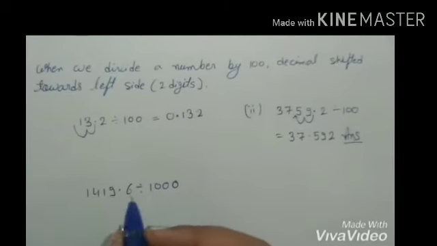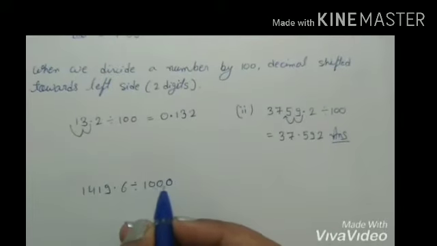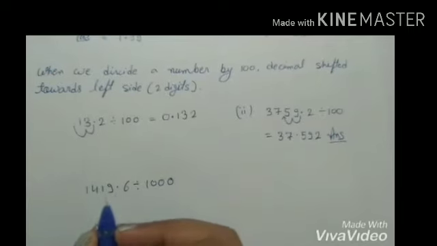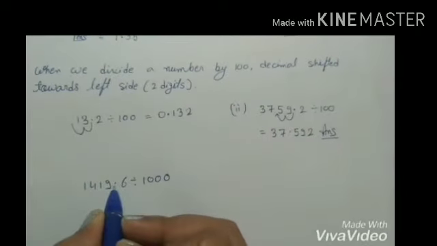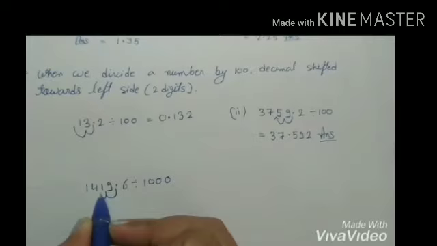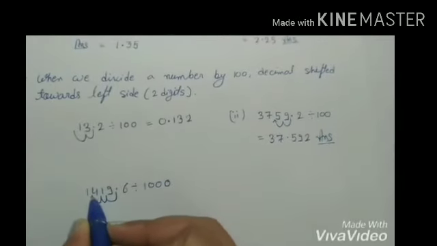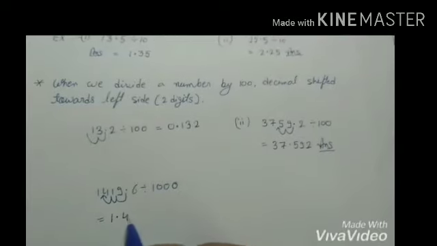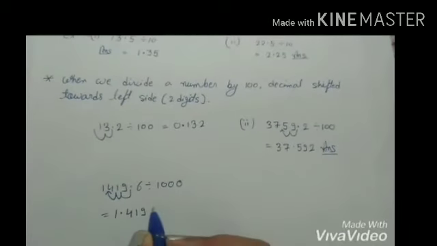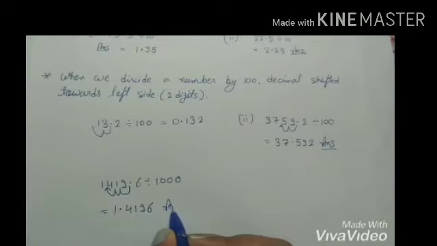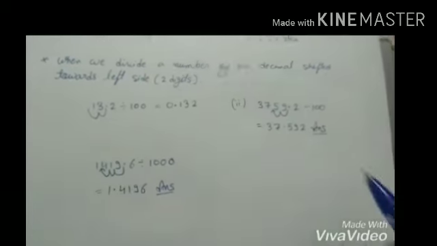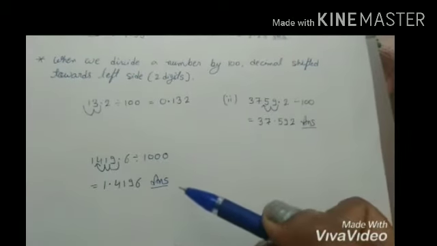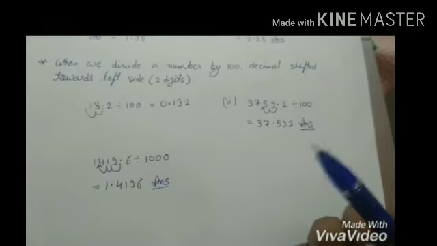So here we have 3 zeros, 1, 2, 3, that means we have to shift the decimal by 3 points towards the left side, 1, 2, 3, that means it is 1.4196 is the answer. Similarly, we can do the division for 10,000, 1 lakh, 10 lakh and so on.